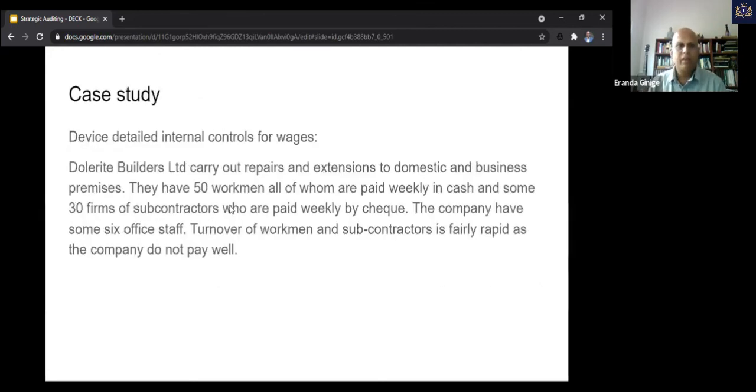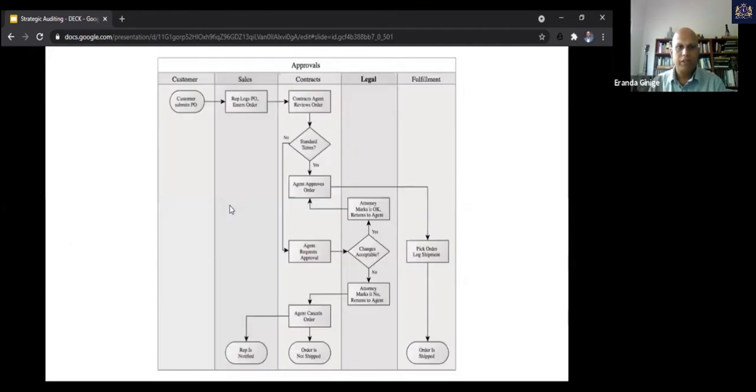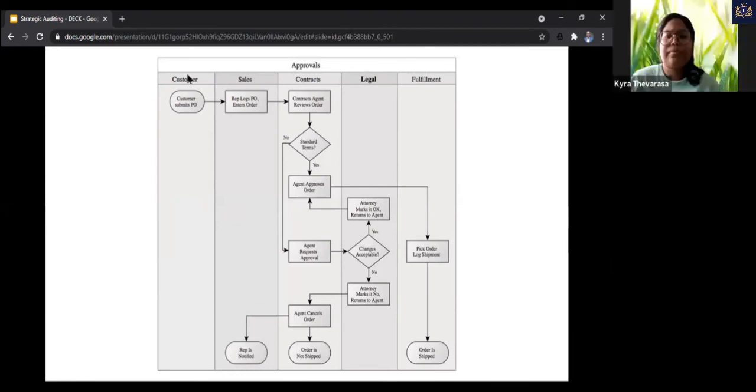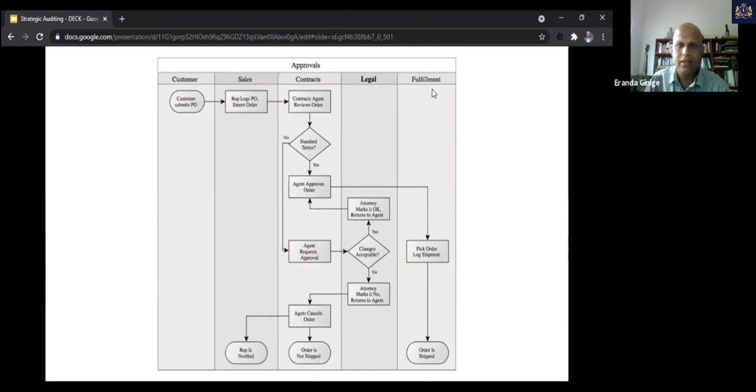okay, I think I have a picture, right? Look at this, how the approvals work. And maybe you're very familiar with this kind of system. So you have the customer, the sales, the contracts, legal, and the fulfillment columns, right? So here's a flow chart. Customer submits the purchase order, right?